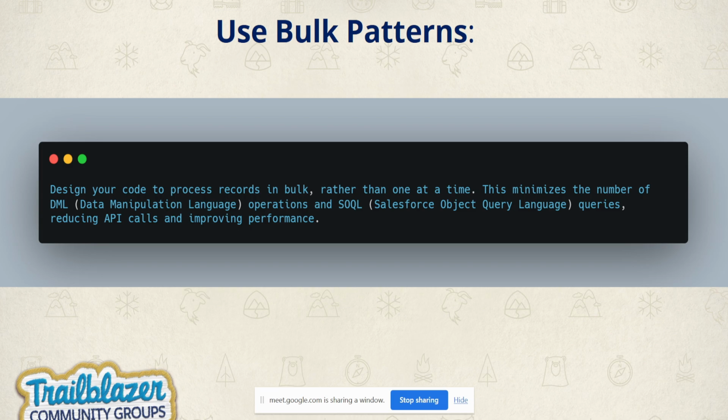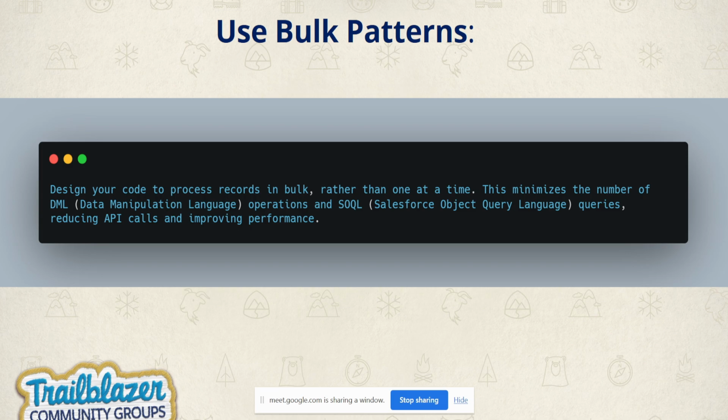Basically, with the bulk design pattern, your code processes records in bulk, not a single record. So always think about bulk, not single records, rather than one at a time. This minimizes the number of DML, data manipulation language, operations and SOQL, Salesforce object query language, queries, reducing API calls and improving performance.